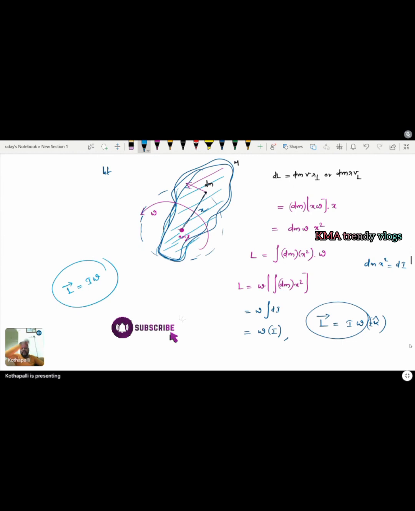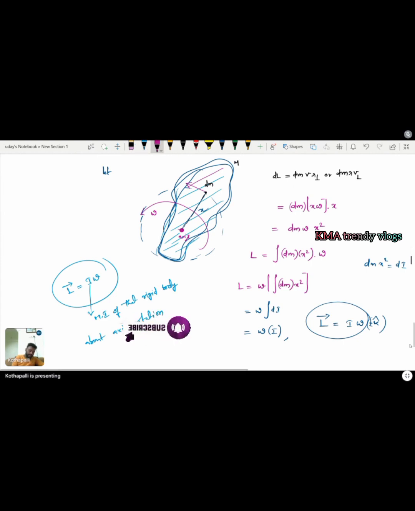If it is in pure rotation, when you are seeing from the axis of rotation, the angular momentum of a rigid body is given by I times omega, where I is the moment of inertia of the rigid body about the axis of rotation.